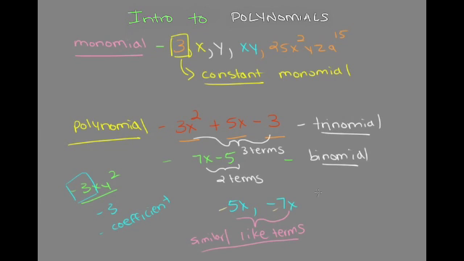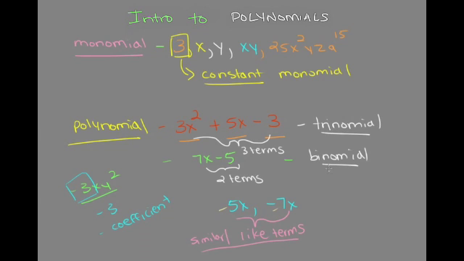So if we had some crazy number like 25x squared yza to the 15th, and we had negative x squared yza to the 15th, those two would also be considered like terms because everything is the same except for the coefficient. And if we have a polynomial like this one, we want to put it in descending order of degree. So let's talk about degree now.